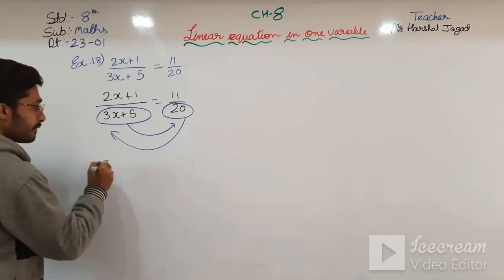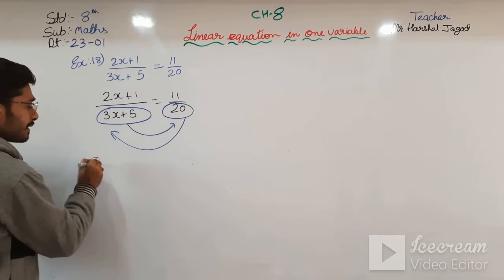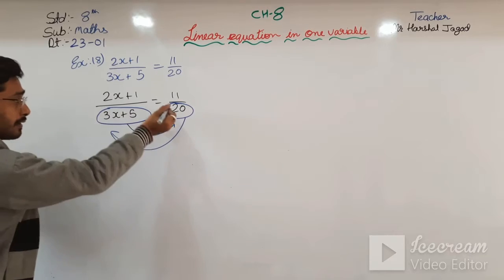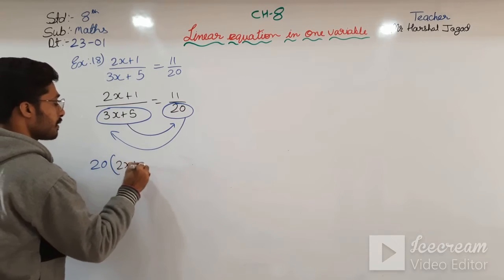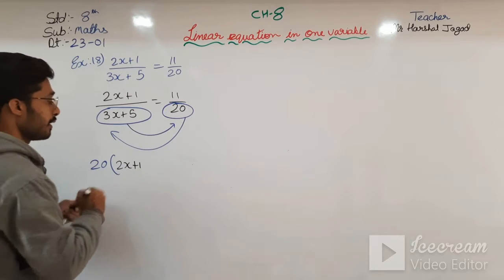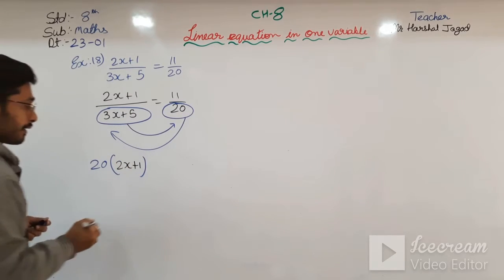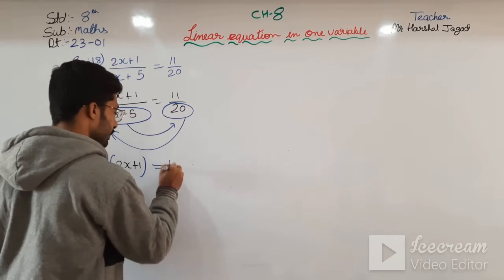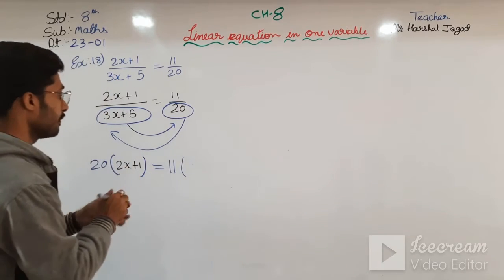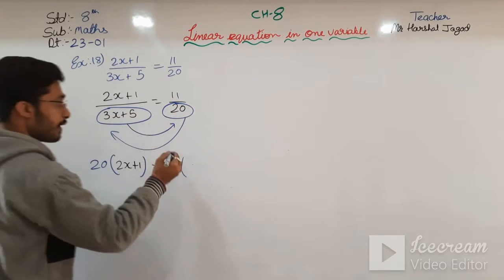See here, first of all, 20 comes from here in a bracket with (2x + 1), and this is equal to 11, and (3x + 5) comes from here.